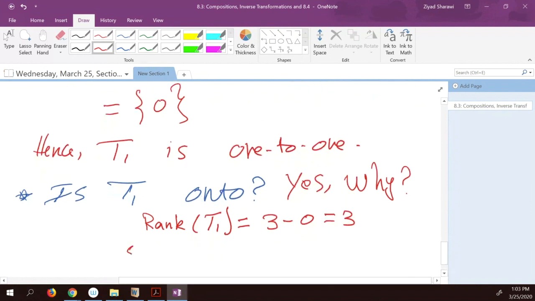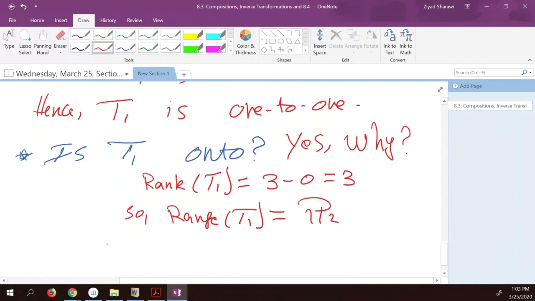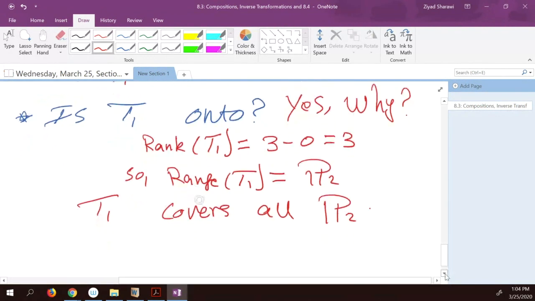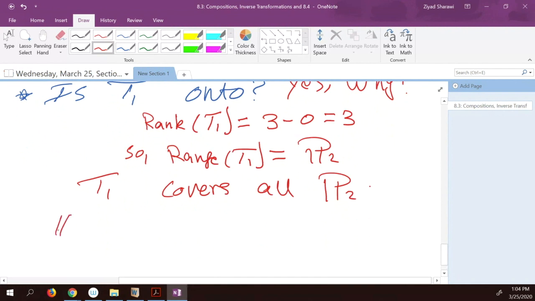So range T1 is P2. T1 covers all P2. So yes, it is onto because T1 covers all of P2. The rank is 3. Okay, is it clear? So now, hence, T1 is onto.